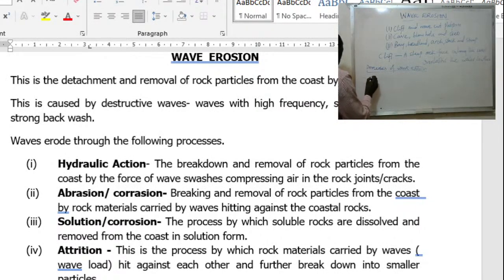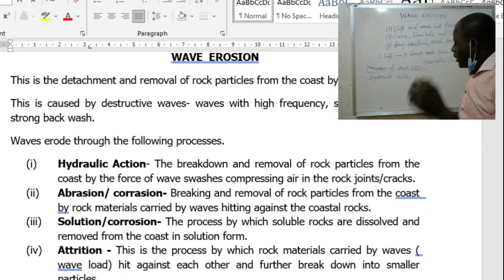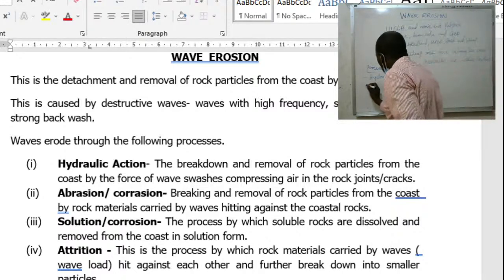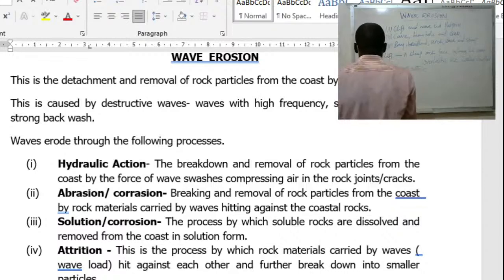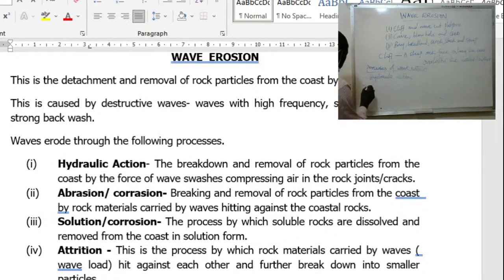One is called hydraulic action. The other one is called abrasion, or you can call it corrasion.